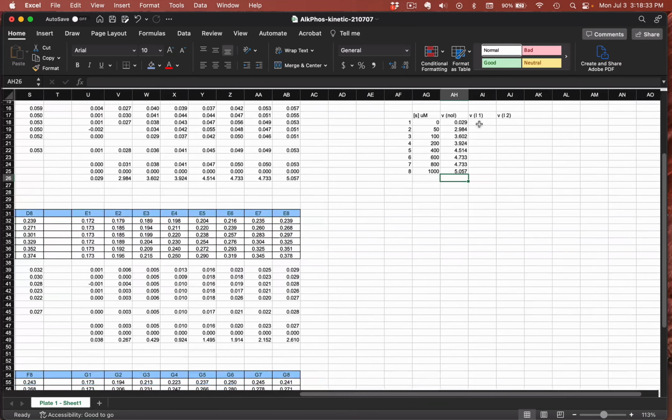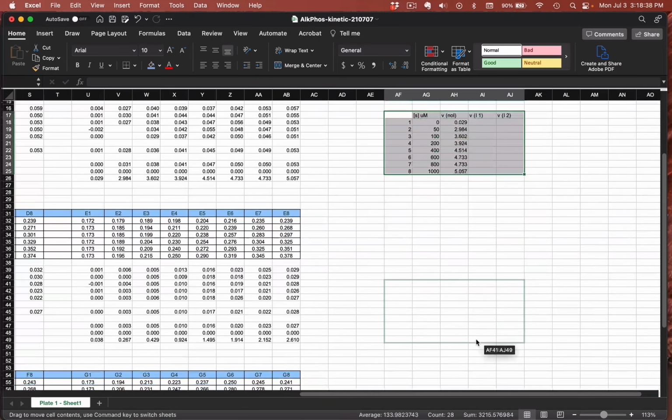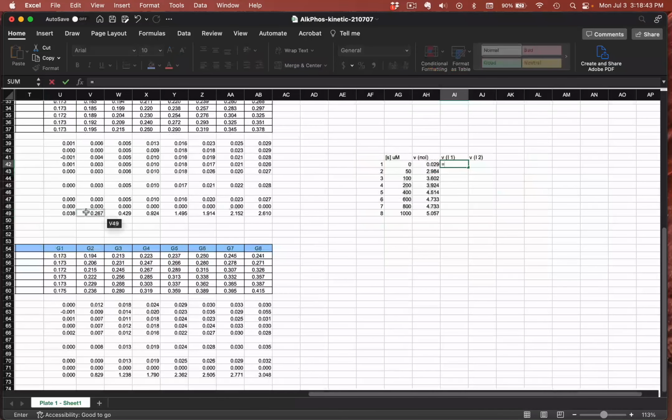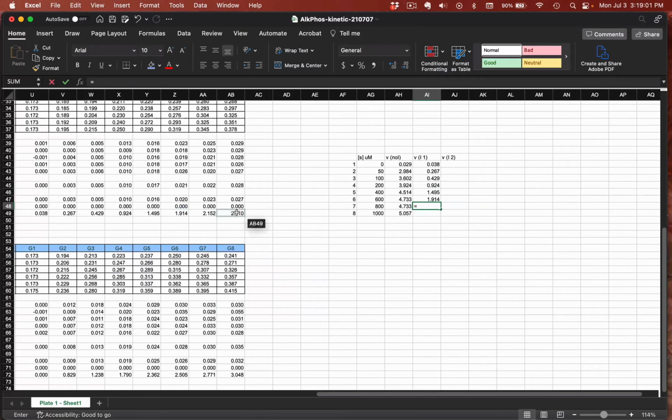The beauty of this is that you can then drag this down here, and we can say equals this. And then we'll do the same thing here.